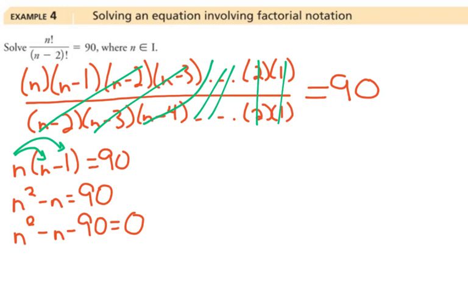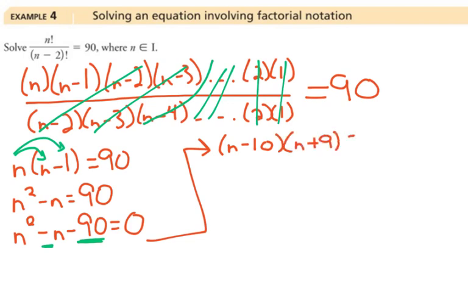So to factor this, we would need two numbers. They need to both multiply to negative 90 and also add to negative 1. Good news is that's not very difficult to come up with because negative 10 and positive 9 would work. So we could factor this into n minus 10 times n plus 9 equals 0.